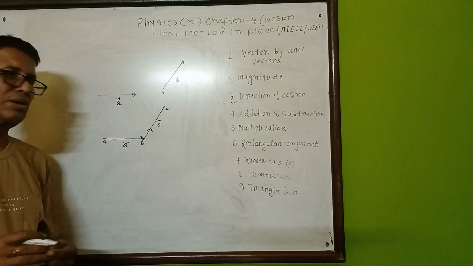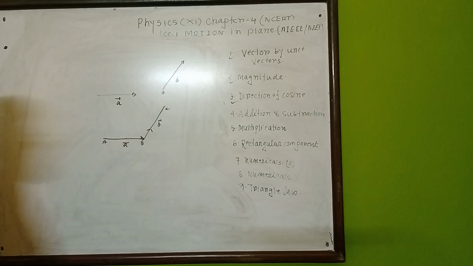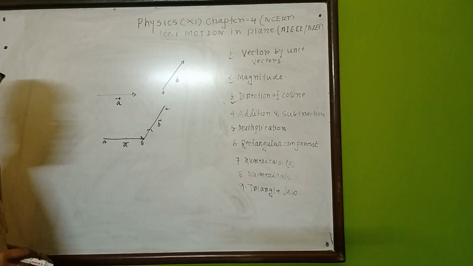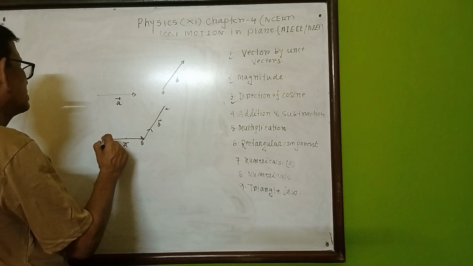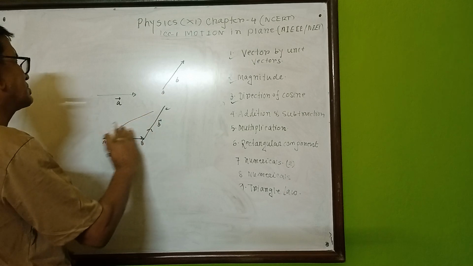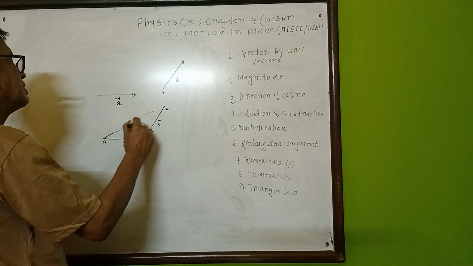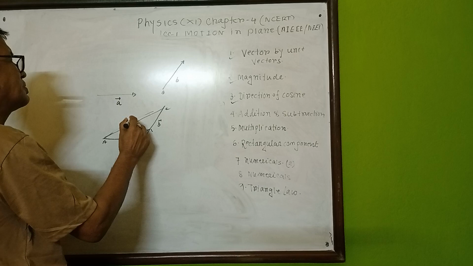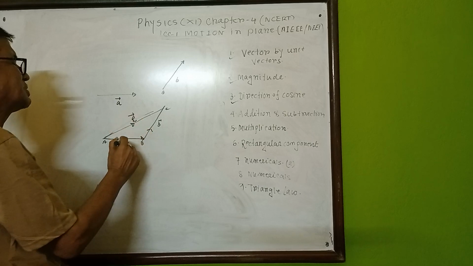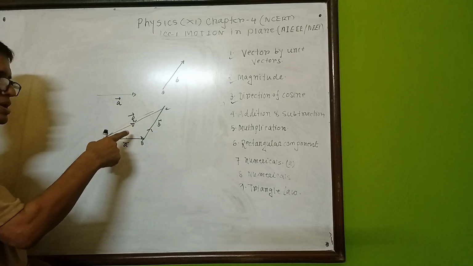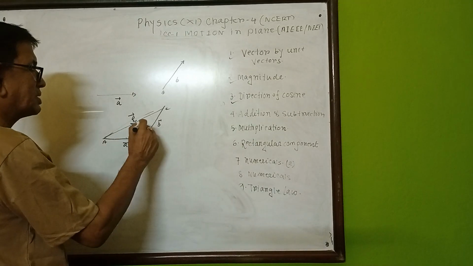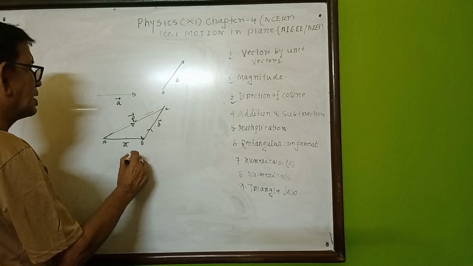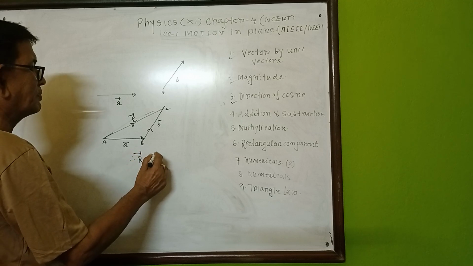Now according to the triangle law, if these two sides represent two sides of a triangle taken in the same order direction wise, then the third side taken in reverse order will give the resultant. If it is clockwise, take it anticlockwise, then the resultant vector R will be A plus B.